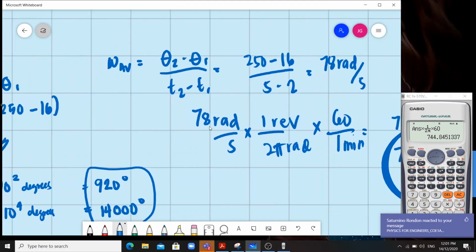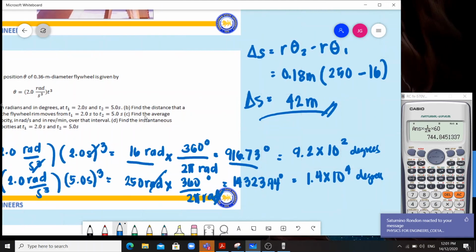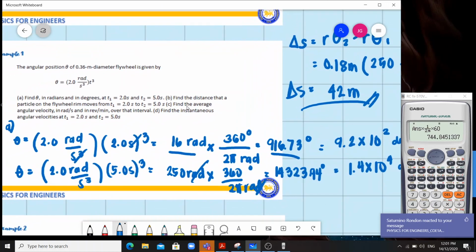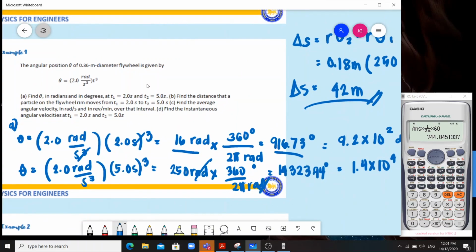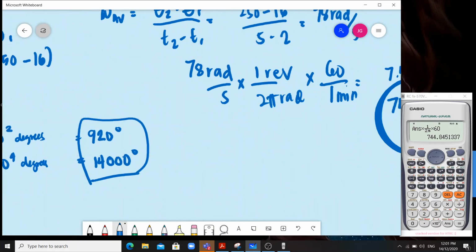Next, find the instantaneous angular velocity. For instantaneous, omega is equivalent to d theta over d time.